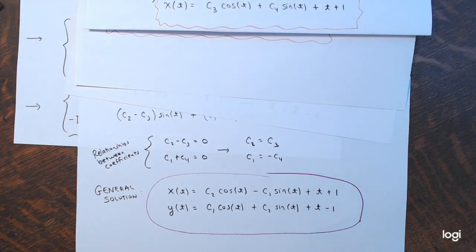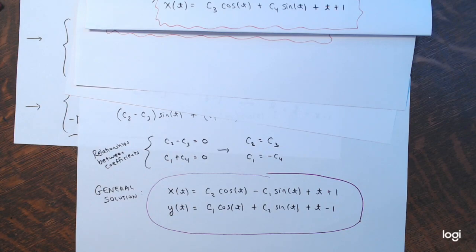And you go about the same procedure though. Eliminate one variable, find what the other one looks like. Then do the opposite, eliminate the other variable, and solve the resulting differential equation to find what the other function needs to look like. But then once you find what both functions look like, you then have to show the relationships between the constants, the coefficients, the c1, c2, c3, c4, c5, whatever they are.